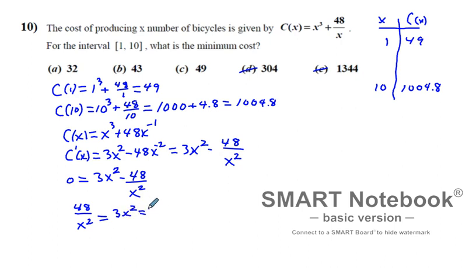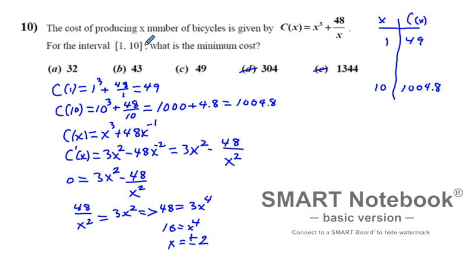And working on the right, if we cross multiply the x squared, we get 48 is equal to 3 x to the 4th power. And if we divide by 3, we get 16 equals x to the 4th power. And taking the 4th root, we get x is equal to plus or minus 2.